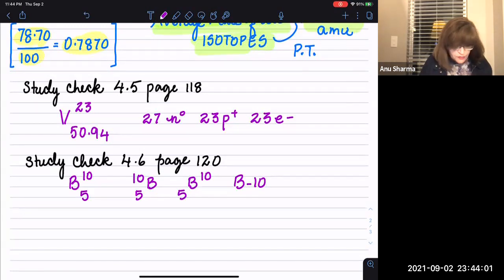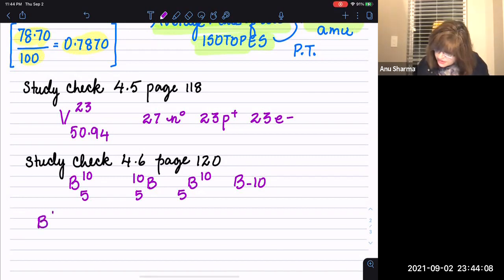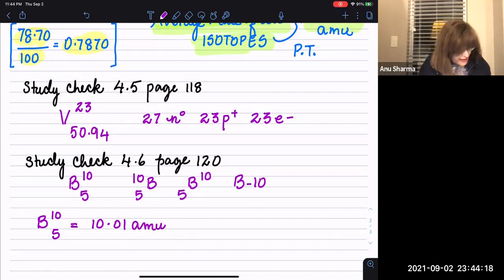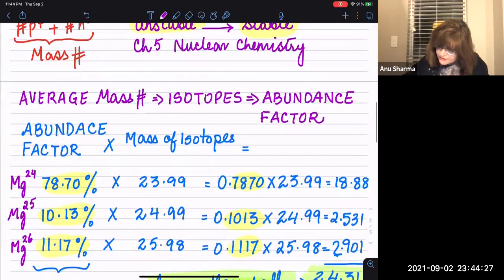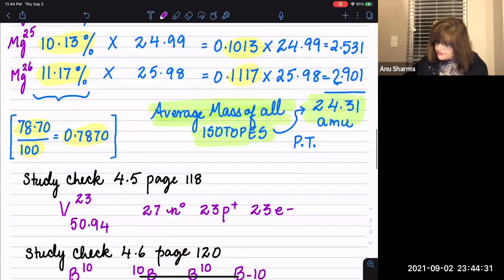Okay, anyway, the isotope B10 and 5 has a mass of 10.01 atomic mass units, with the abundance of 19.80 and the abundance factor. Okay, and I'm going to just put this here. Abundance factor is AF, so I don't have to write this again and again.